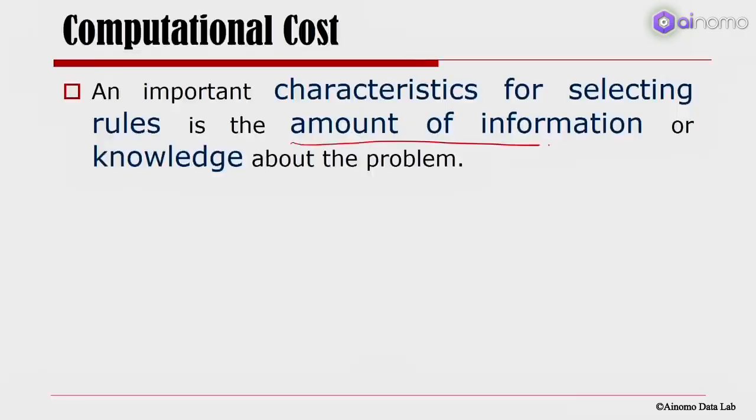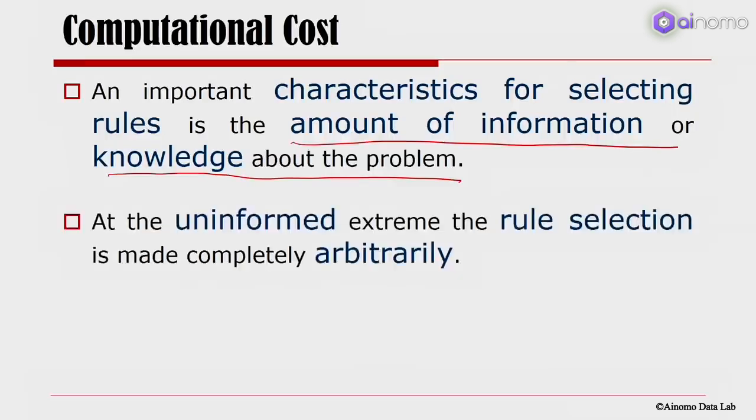It is very important to understand the computational cost involved in an AI production system. That comes to us from the understanding of how much information or knowledge is being used about the problem. Now, an important characteristic for selecting rules is the amount of information or knowledge about the problem.